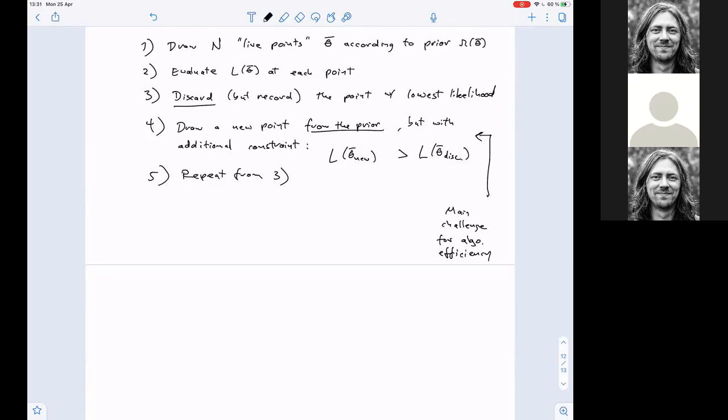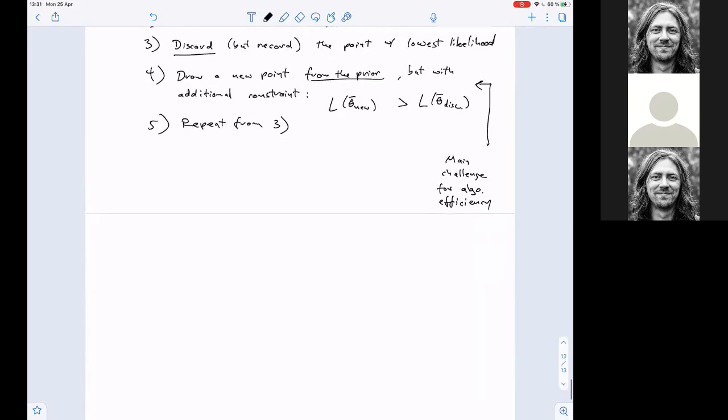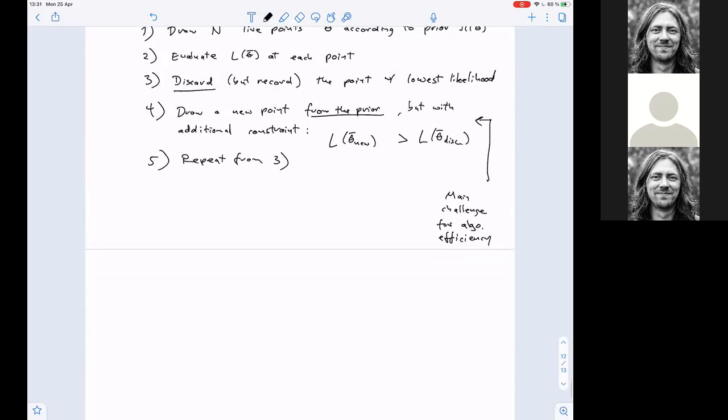So you can see that if you do this naively, the algorithm will run slower and slower because you're trying to hit a smaller and smaller part of parameter space. So this is the main challenge numerically, but for now, we're just going to assume that we can deal with that. And there are packages that do deal with that, but we won't worry about it. We'll just see why this actually works.